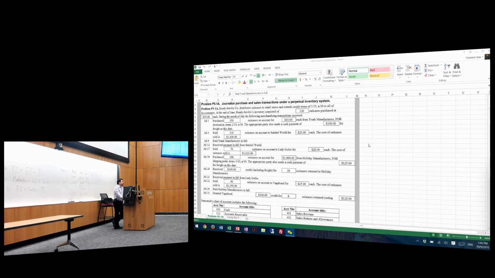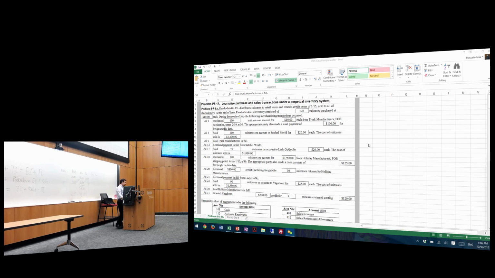What do we do here? What's the economic event? The economic event so far is that the company purchased 150 suitcases, right? This is under the perpetual system, just to let you know.